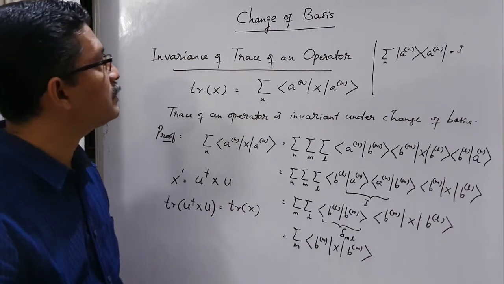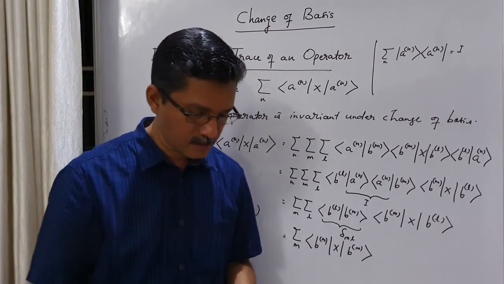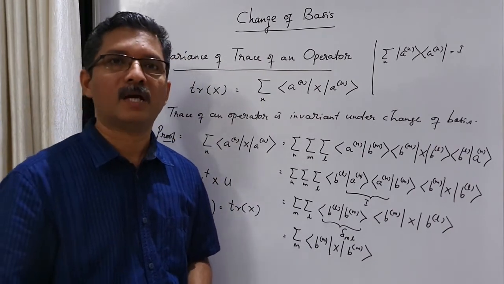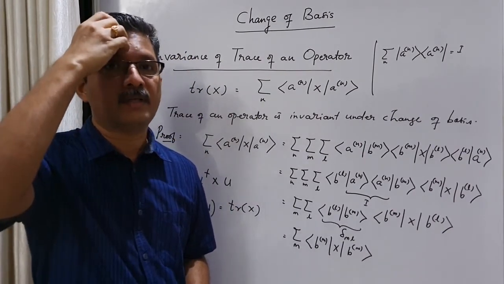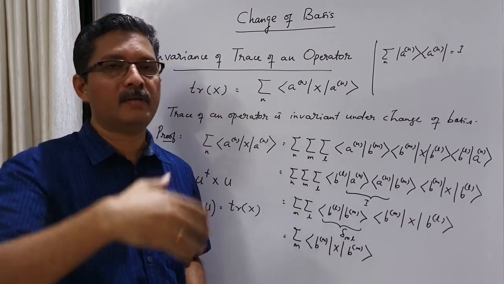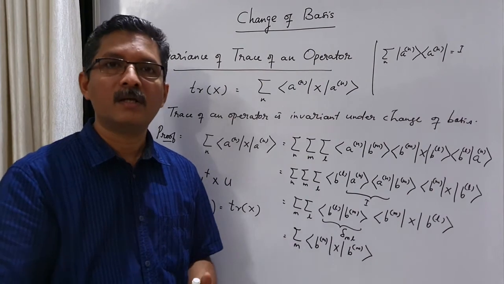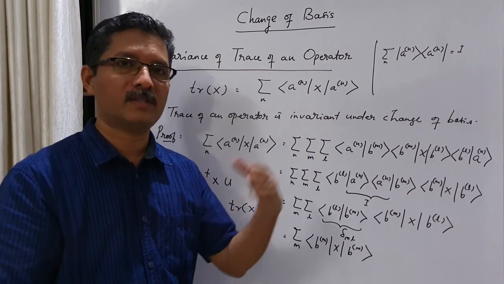So we have discussed some results under change of basis. This change of basis is a very important idea in quantum mechanics, where there will be situations where we will have to change the description from one set of bases to another set.